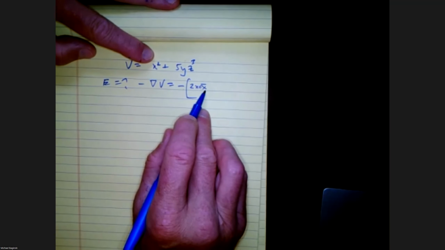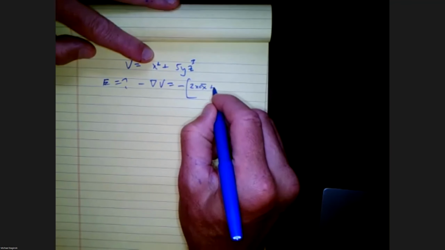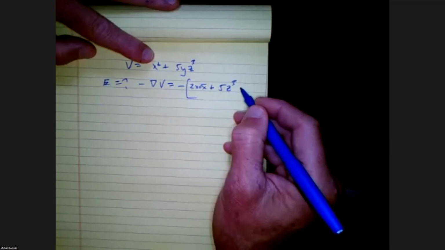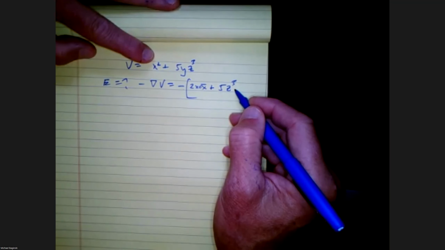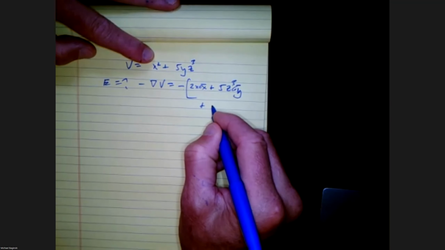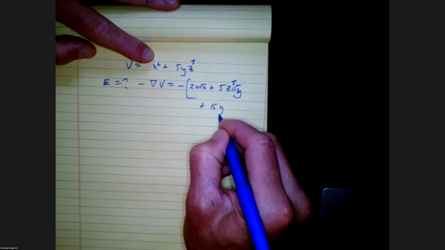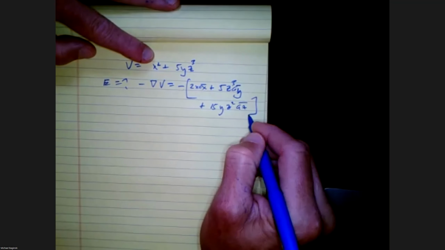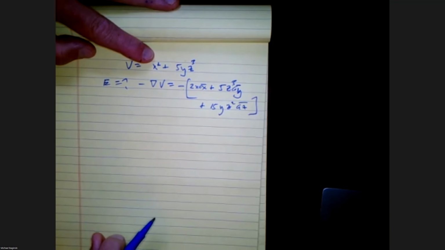Keep going. 5z cubed ay. That's right. Keep going. 15yz squared az. All right, so that's the electric field in vector form, right?